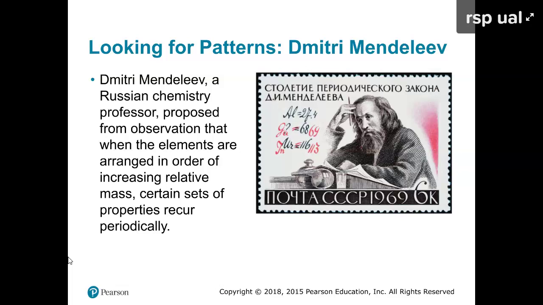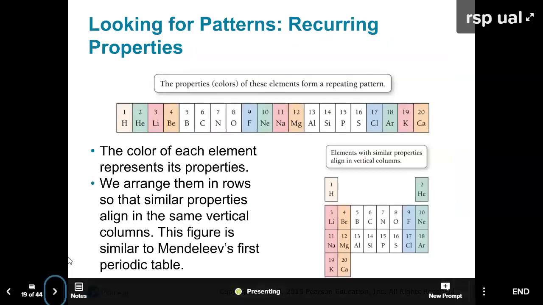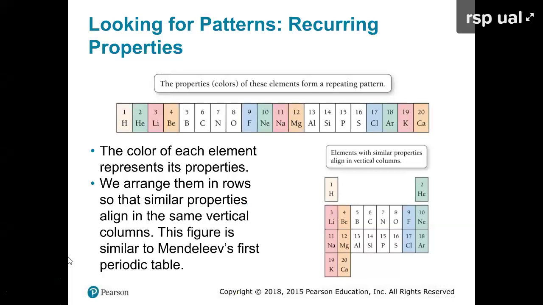I'd say he gets the most credit because of those that were working on it, he probably did the most. And one of the things that he was able to do, and one of the reasons why he gained such notoriety, was he was able to establish that there was a pattern amongst the elements.